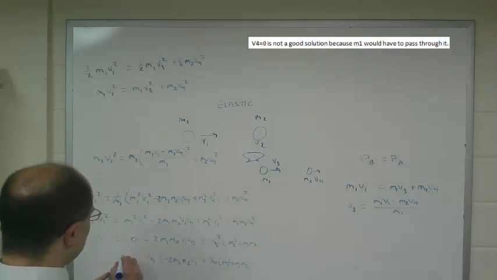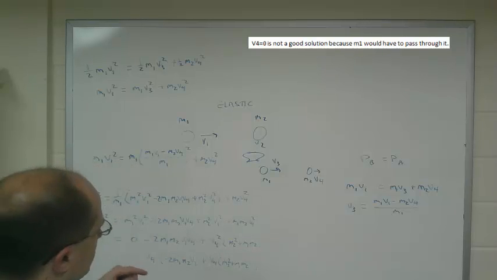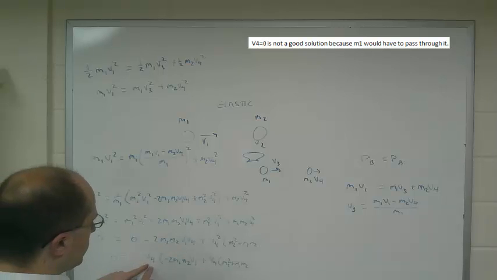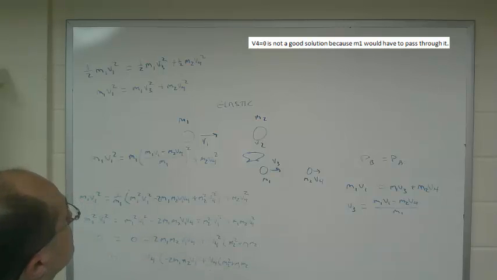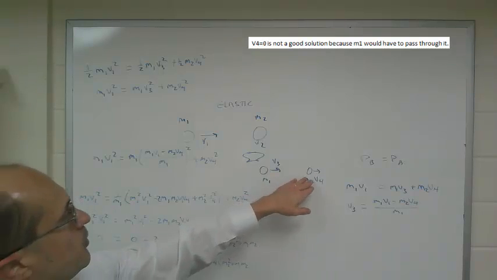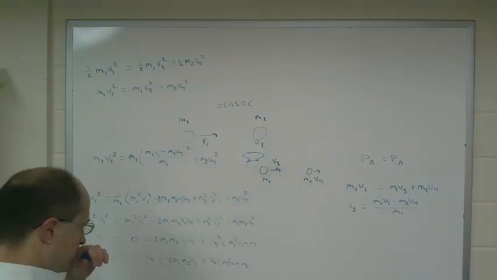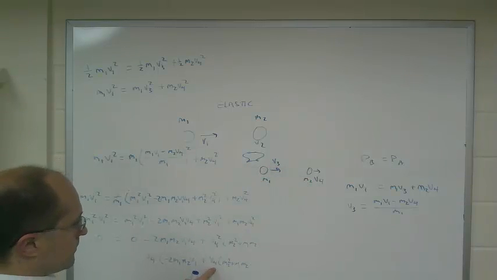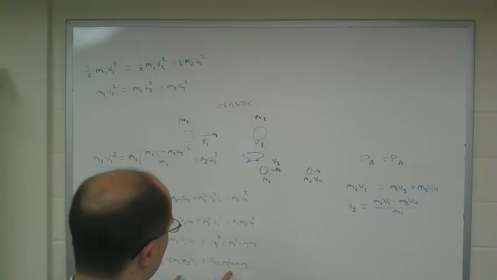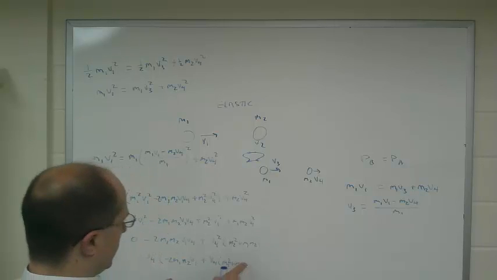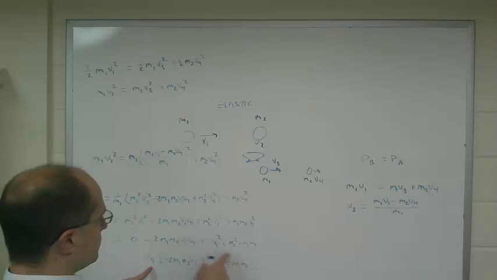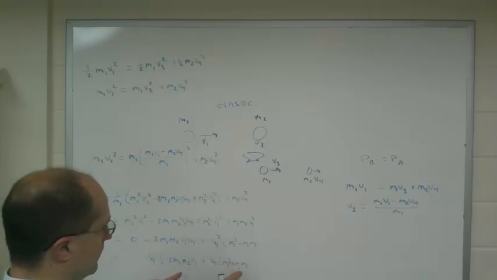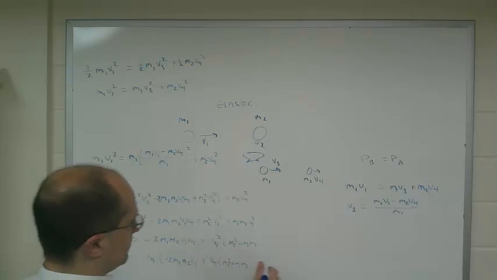When we see this, though, what does this tell us? Well, the first solution is that V4 equals 0, that essentially this ball doesn't move after the collision. The other solution is that this internal piece has to be 0.